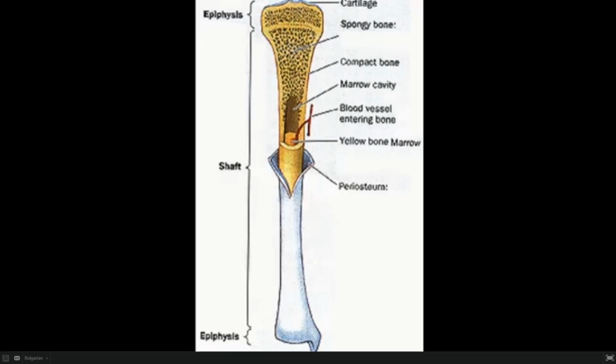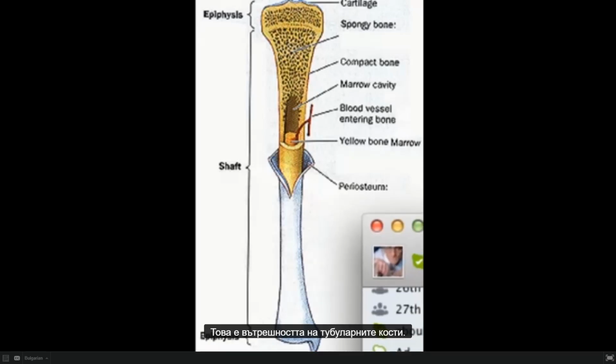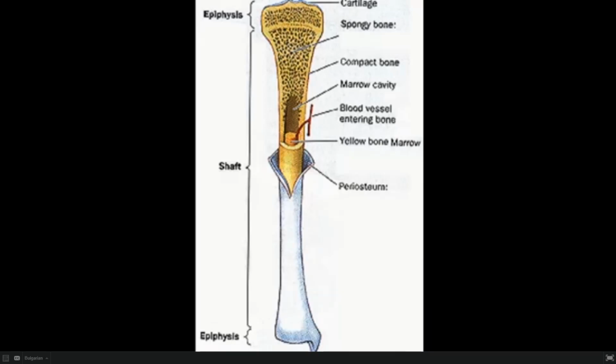Okay. So this is inside of your long tubular bone. Actually, sorry, this is the internet provider just checking me. Okay, so actually you separate your long bone into epiphysis, this is the upper part of your bone, and also you have the middle part, this is the shaft, and the next end of your bone is the other epiphysis.